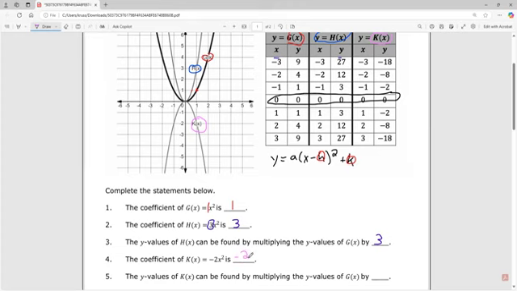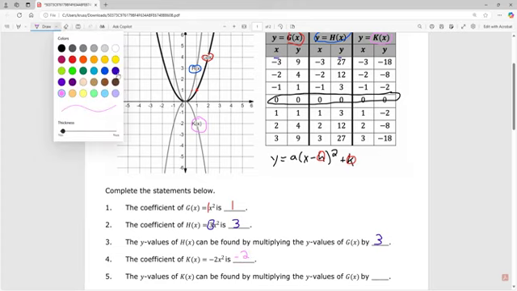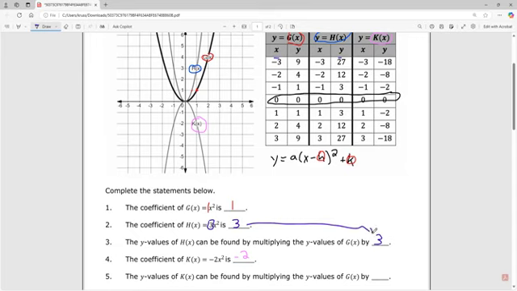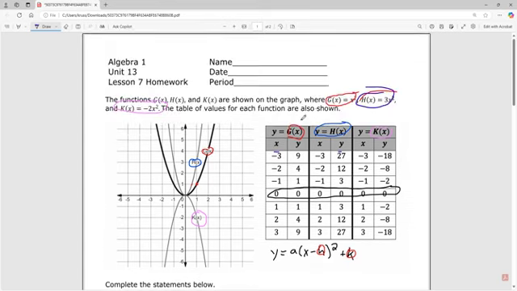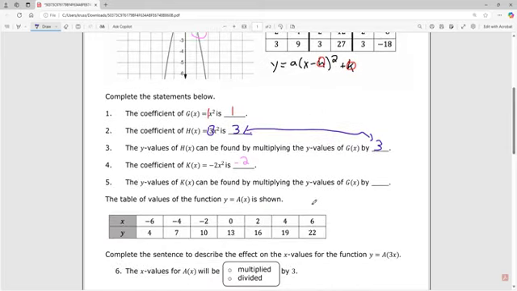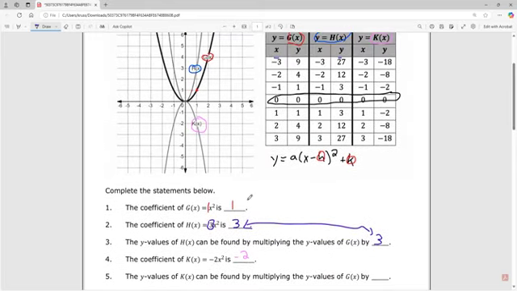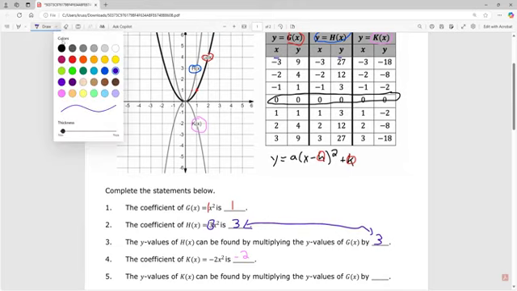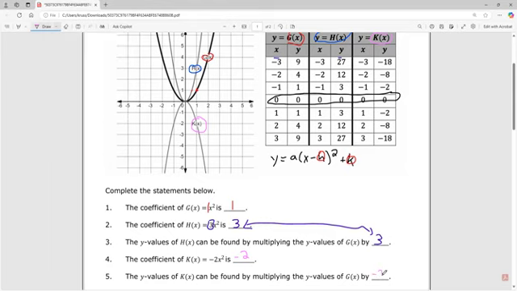Negative 2. All right, so previously notice I can find the y values by multiplying by the coefficient. So if that continues to trend that way, if my original function, g sub x, is my standard x squared, that's my parent function, and I want to flip it, I make it negative. And then the rate of change is going to change to 2, so it's going to be the coefficient, which is negative 2.